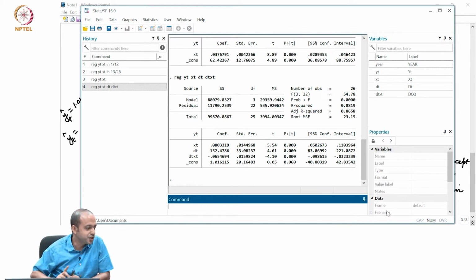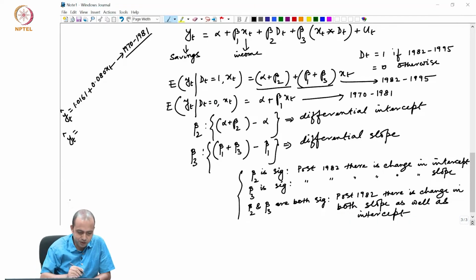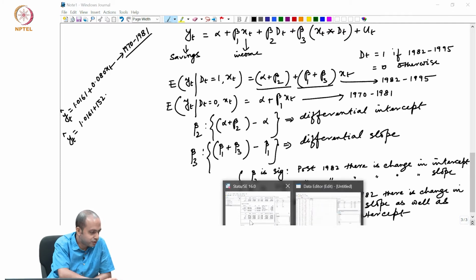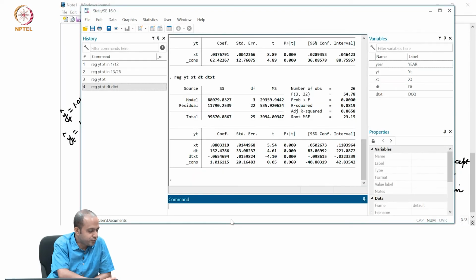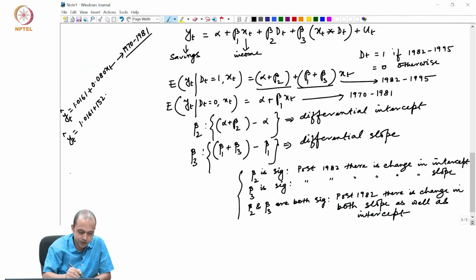The differential intercept is 152.47. So this would become 1.0161 plus 152.47.